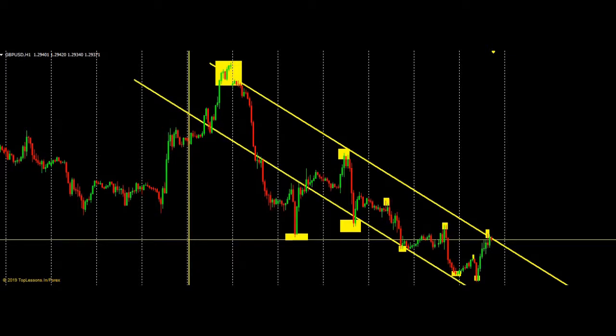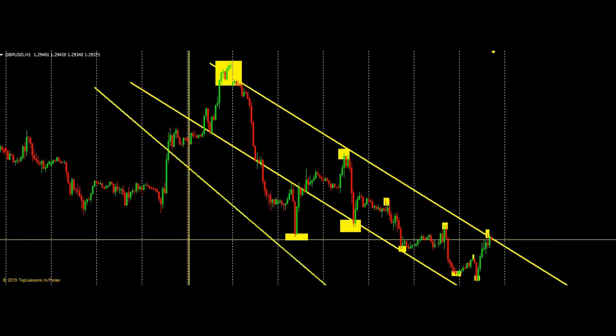We can draw this chart. We push Control and a second line, this one.